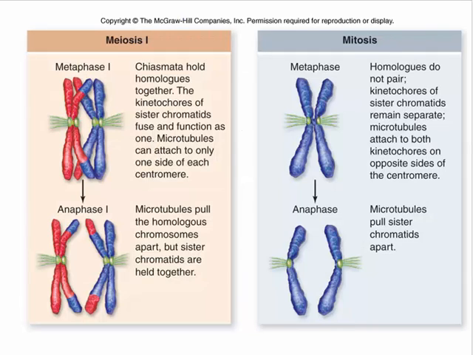All right, so here's what we've seen. In meiosis, we see the separation of the homologs as we get into anaphase, whereas in mitosis, we saw the separation of sister chromatids during anaphase. And that has not happened yet in meiosis.